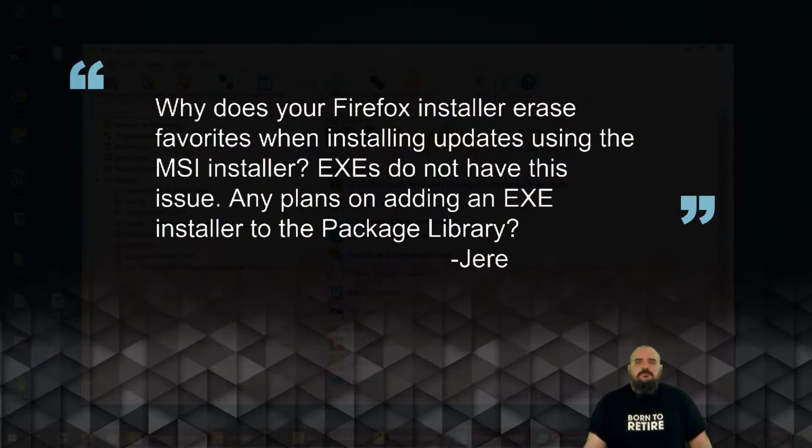Hey Lex, Jordan, and Shane, why does your Firefox installer erase favorites when installing updates using the MSI installer? EXEs do not have this issue. Any plans on adding an EXE installer to the package library? Sincerely, Jerry. I wasn't aware of that. By default, if the MSI is available, we prefer that just because the parameters are going to be universal, the same.